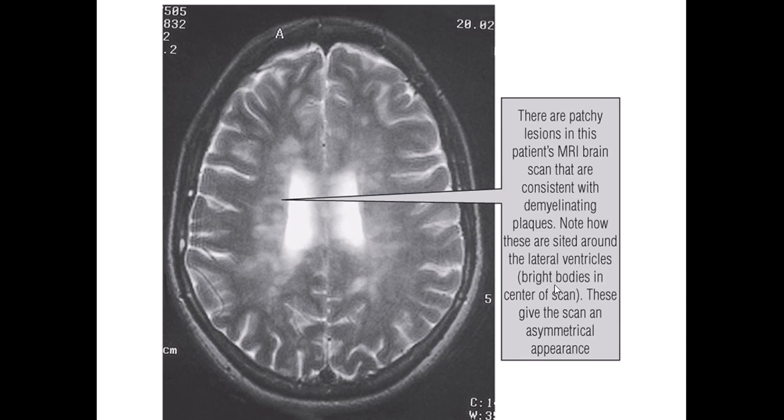These give the scan an asymmetrical appearance. So you can see those patches of the demyelination that is formed. So this is the classical presentation of multiple sclerosis.